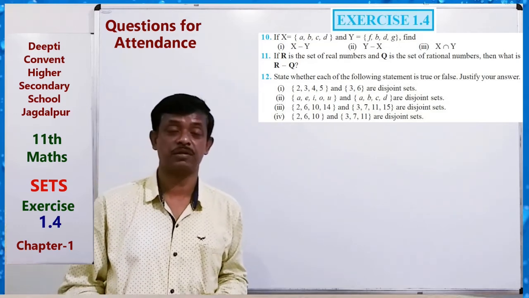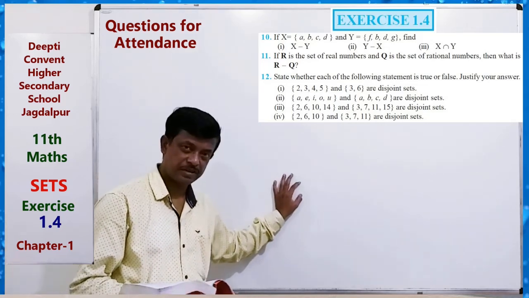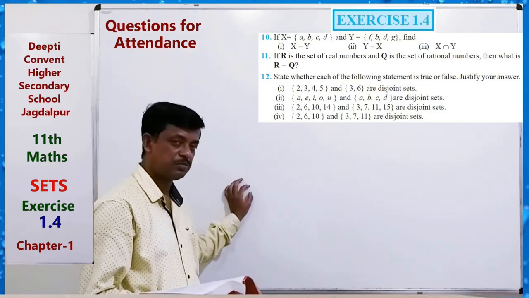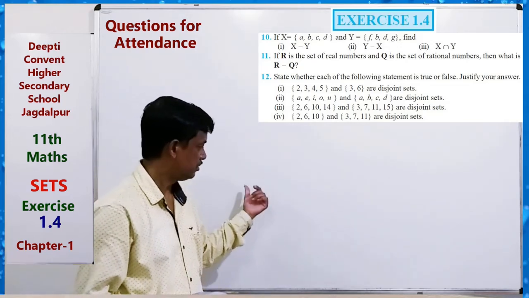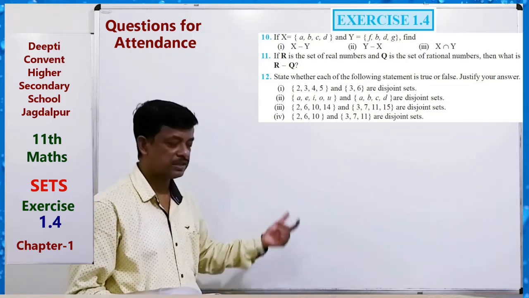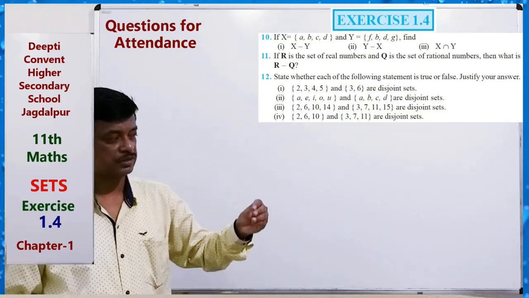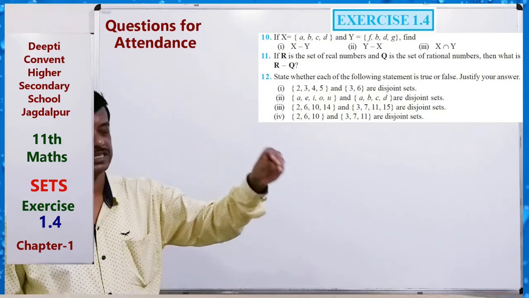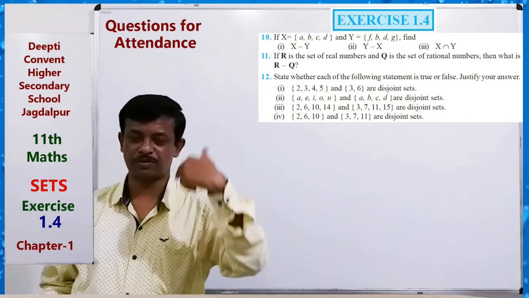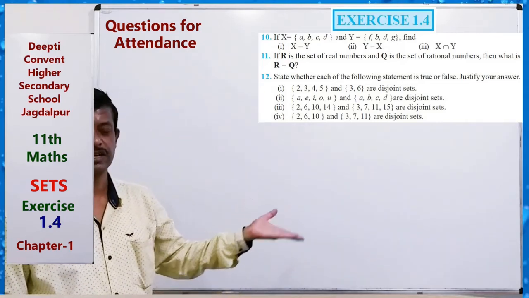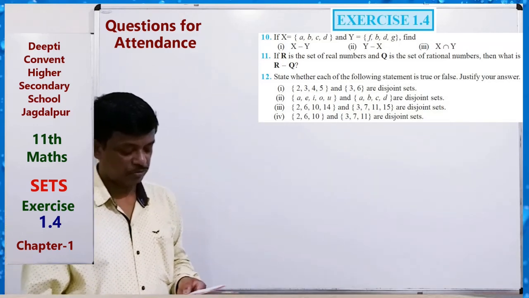We know R is the bigger set, and Q, the rational numbers, is a subset of R. So R minus Q means, we know real numbers are formed by joining rationals and irrationals. So if we delete the rationals from the real numbers, then we get the set of irrational numbers.